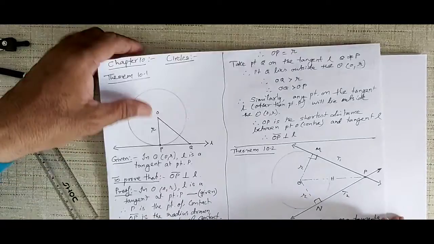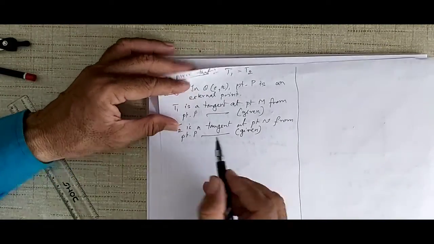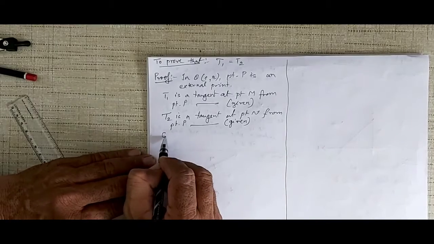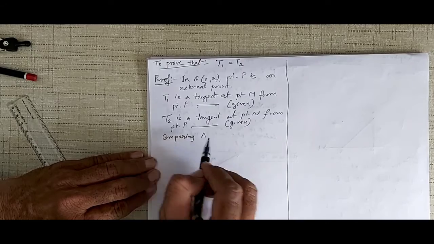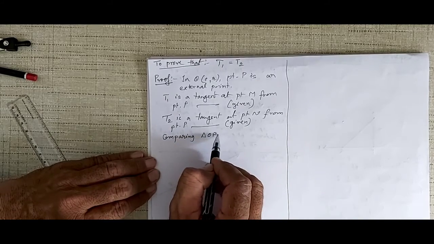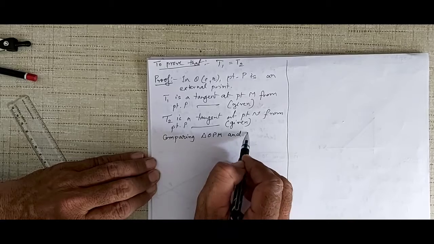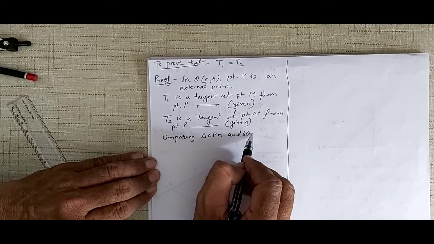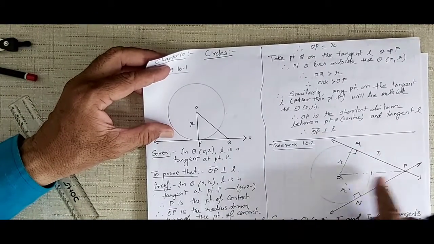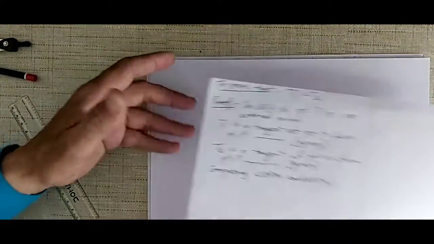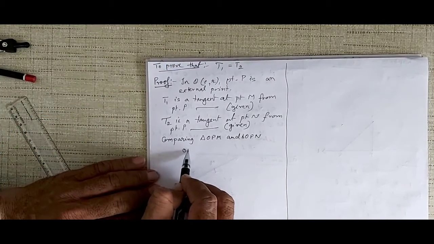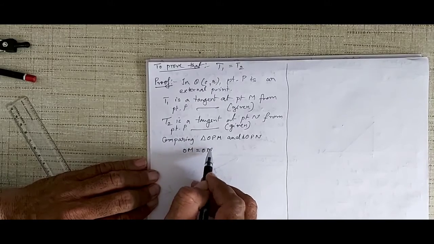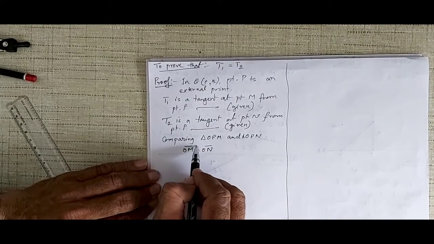So now, we compare the two triangles. Comparing triangle OPM and triangle OPN. Which are those two triangles? OPM, OPN. Comparing these two triangles, first of all, we can write that OM is equal to ON, or we can say the sides are congruent.